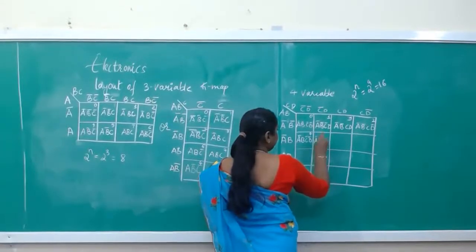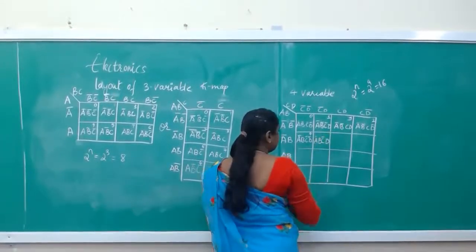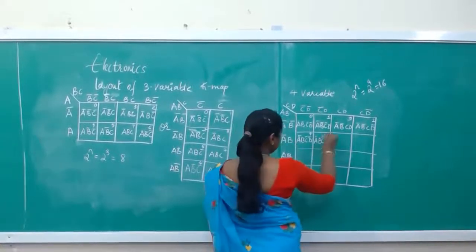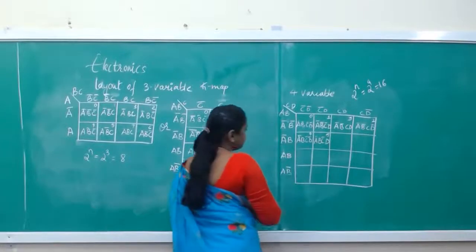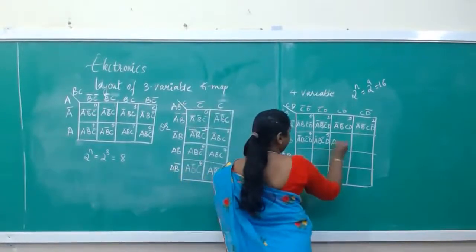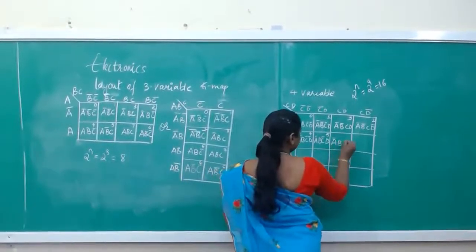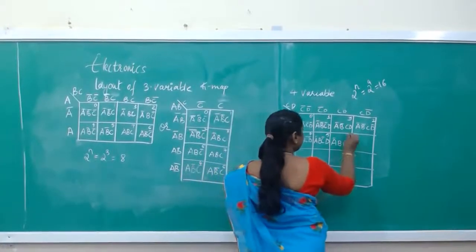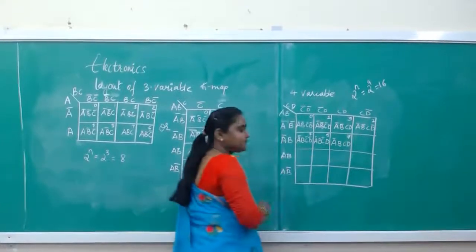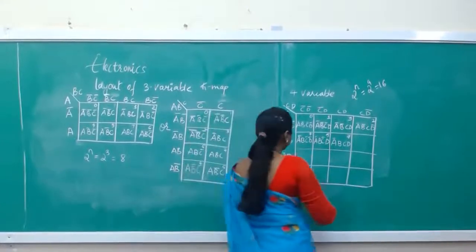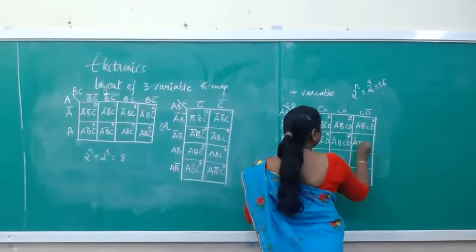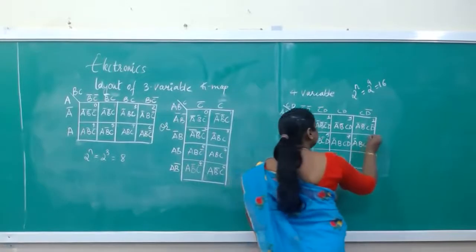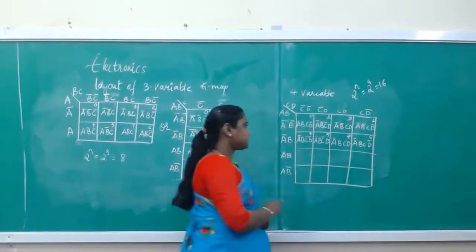A bar, B, C bar, D, 0 1 0 1, which means cell number 5. A bar, B, C, D, 0 1 1 1, that means cell number 7. A bar, B, C, D bar, 0 1 1 0, cell number 6.